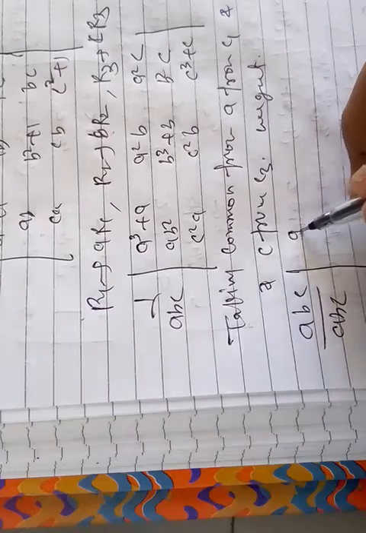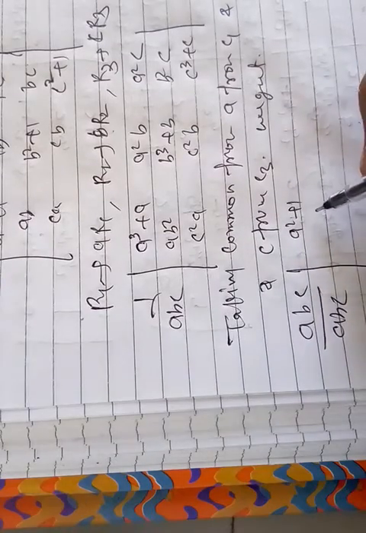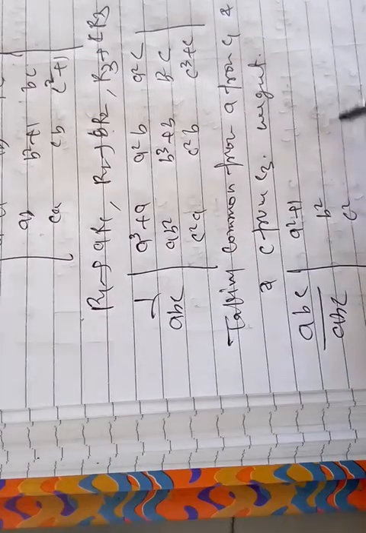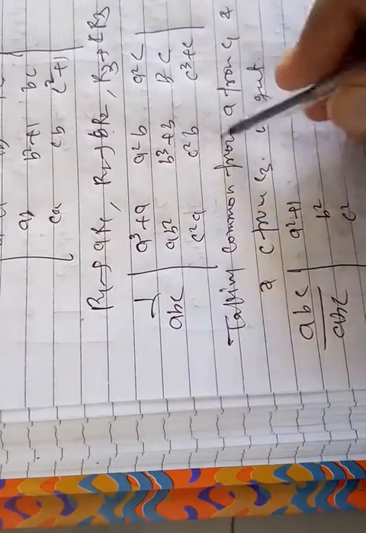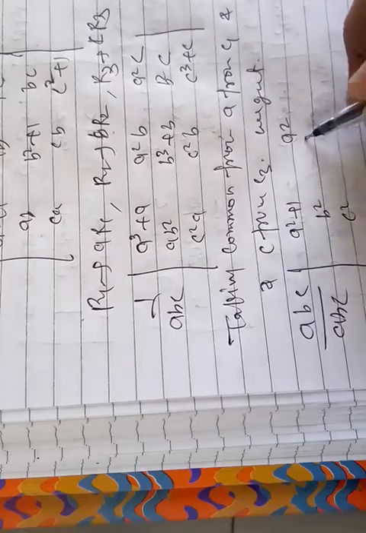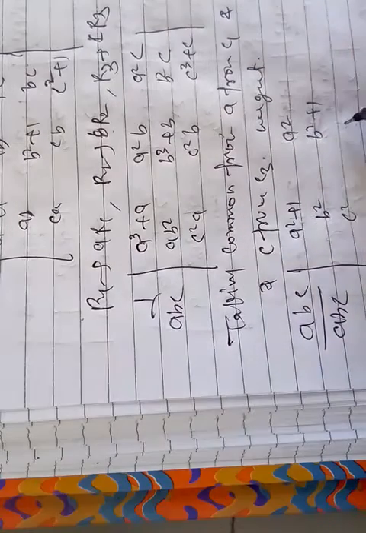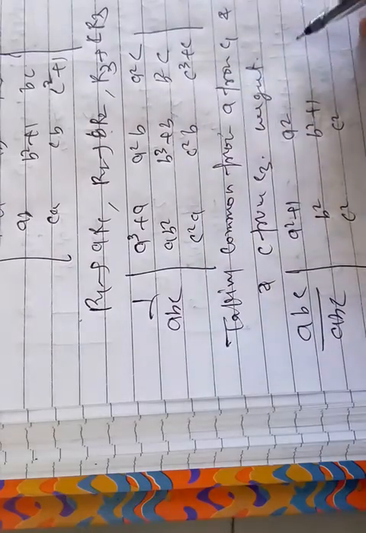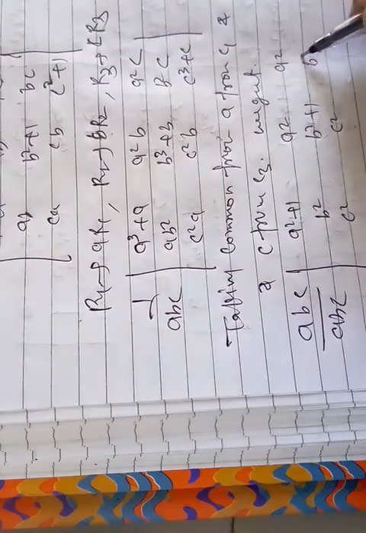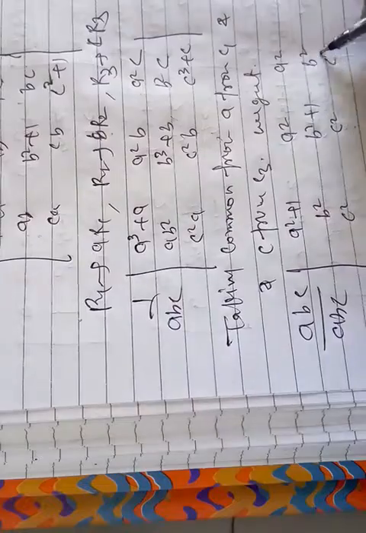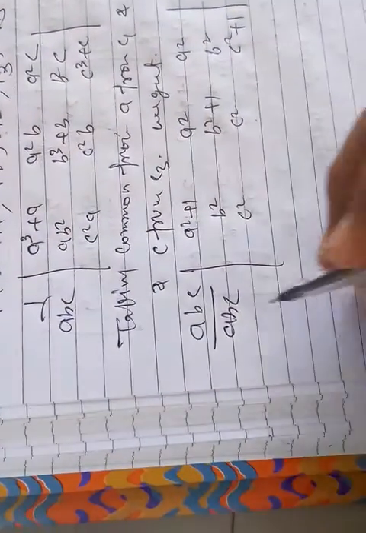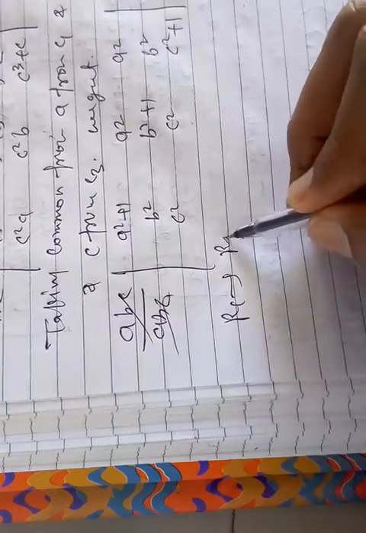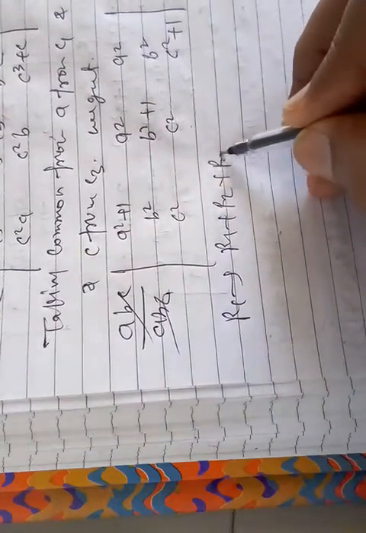This a common, so a square plus 1, already changed, this b square and c square, and this common b, this a square, b square plus 1, this c square, and this c common, a square, b square and c square plus 1, okay, abc cut. So R1 tends to R1 plus R2 plus R3.